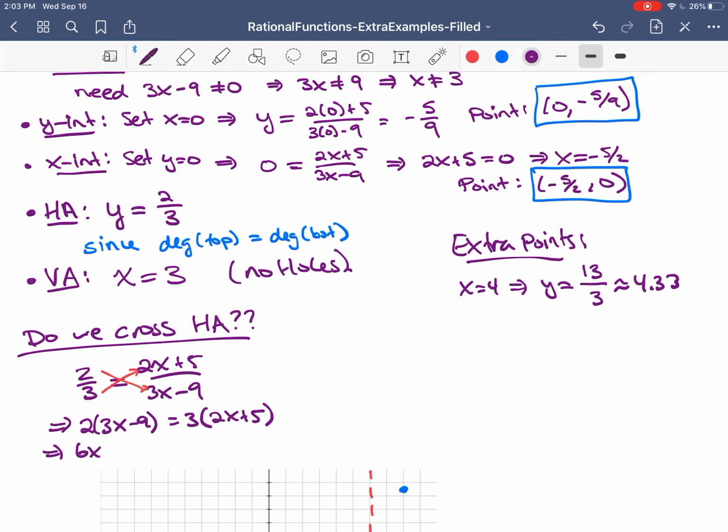That's 6x minus 18 equals 6x plus 15. If I subtract the 6x, it cancels out on both sides, and we get negative 18 equals 15. This doesn't make sense, so the answer is no. There's no point where we cross the horizontal asymptote.